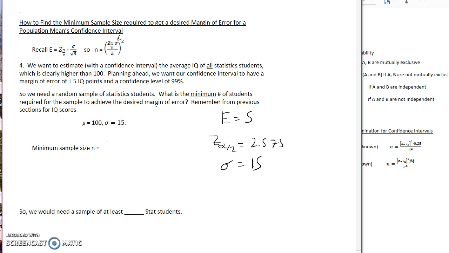So to calculate the sample size needed, you're going to take your critical value, which is 2.575, times it by your standard deviation, which is 15, divide it by your error, which is 5, and then we're going to square this whole thing.